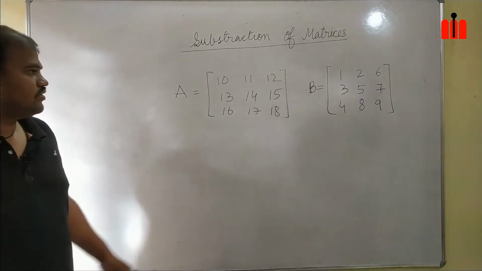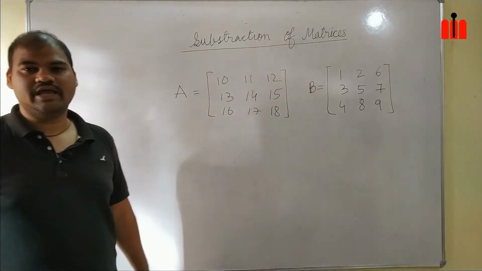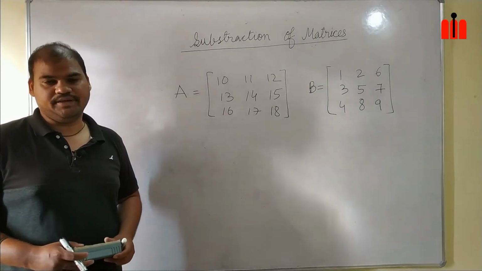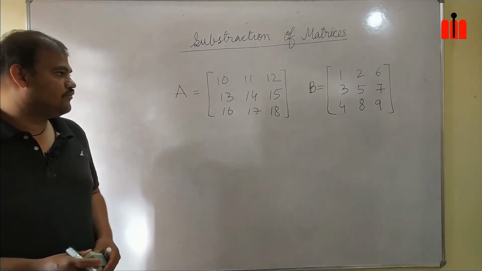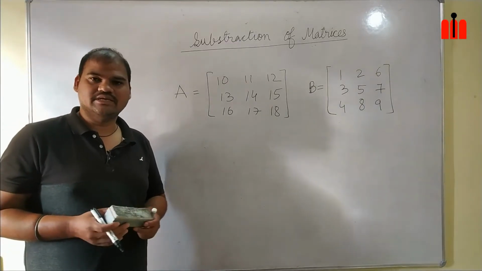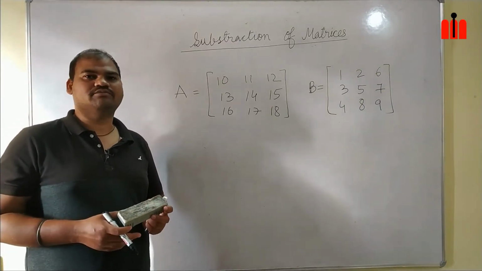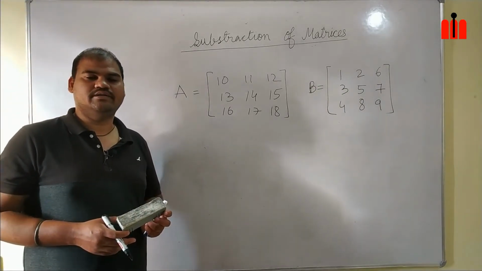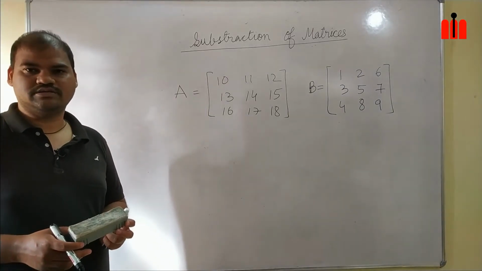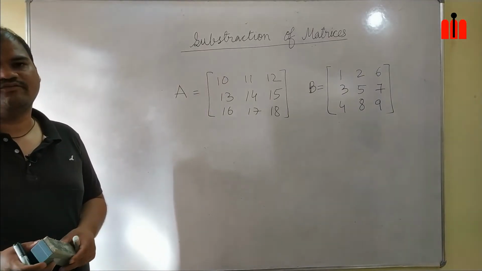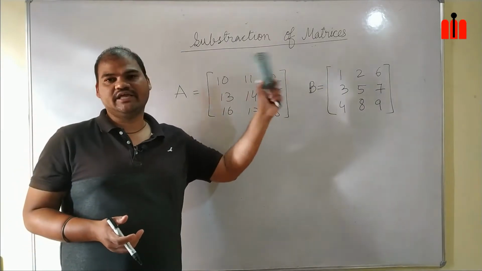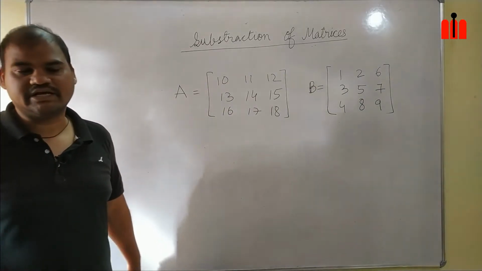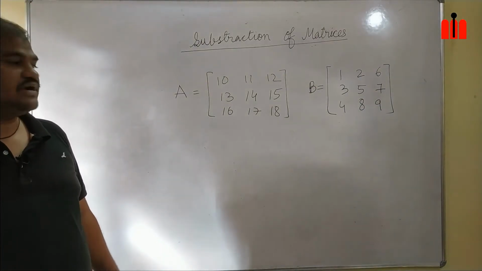Here, these are the two matrices A and B. Subtraction of the matrices is the same as addition of the matrices. The properties and the fundamentals are all the same. The only thing is we are just subtracting the corresponding elements.